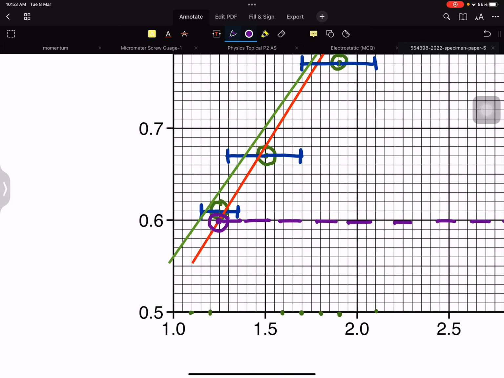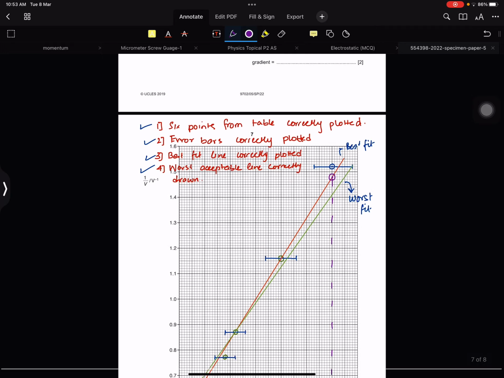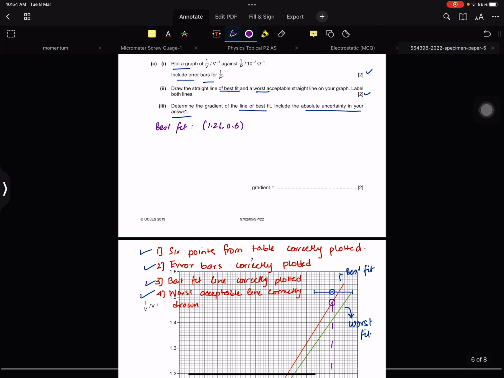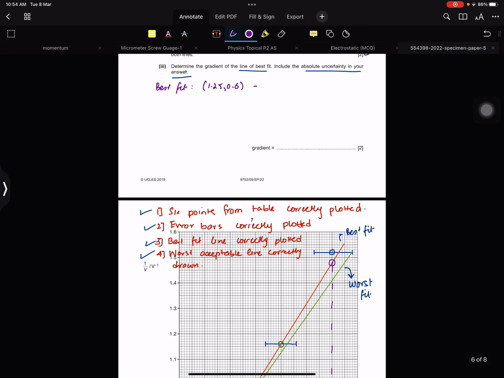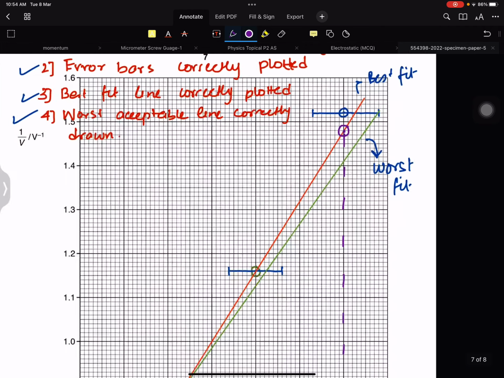Now this point is basically 1.25 and 0.6. So my first point, I'm going to write best fit here, and first point is 1.25 and 0.6. Let me check. Yep, 1.25, sorry. Okay, then the other point that I want to have is this one.